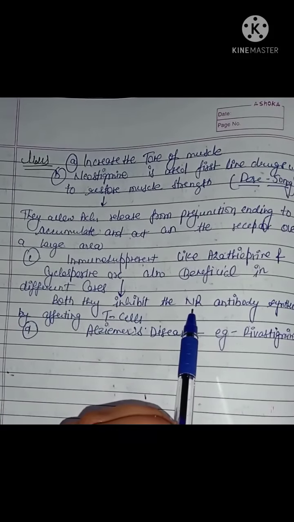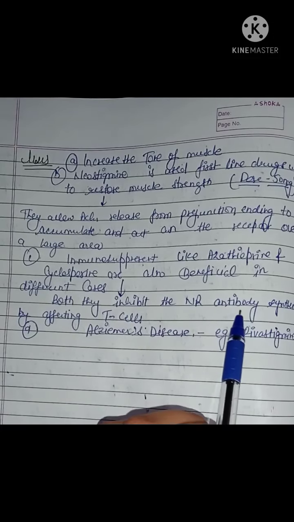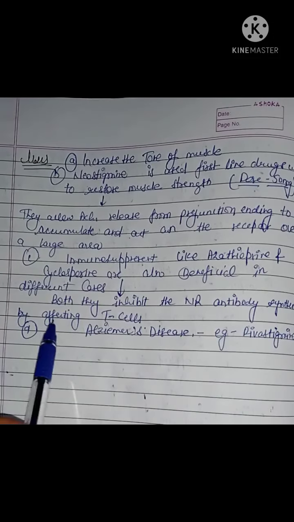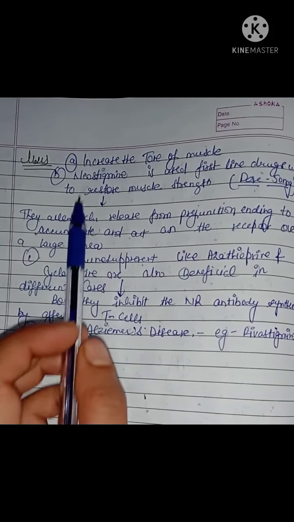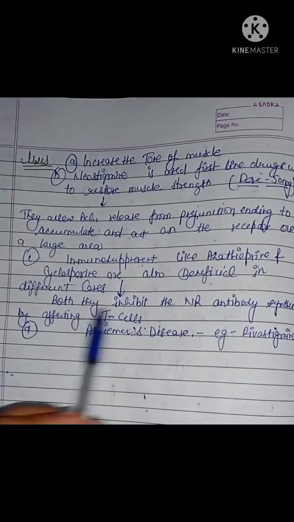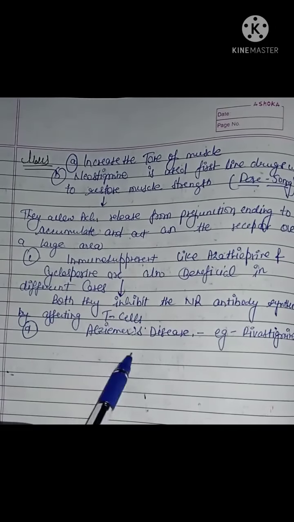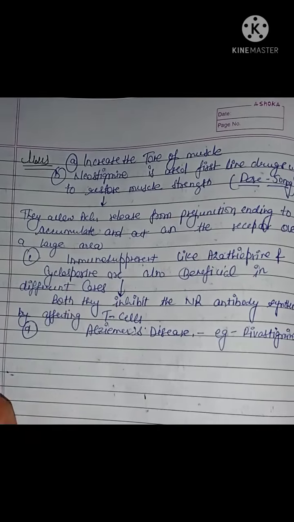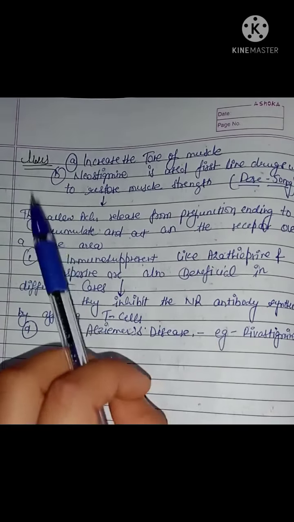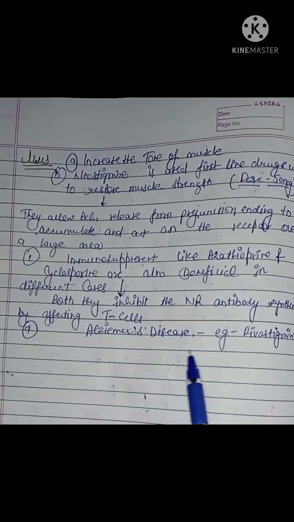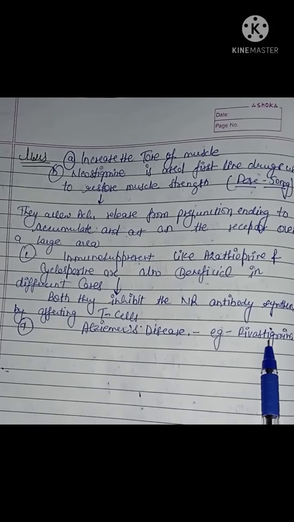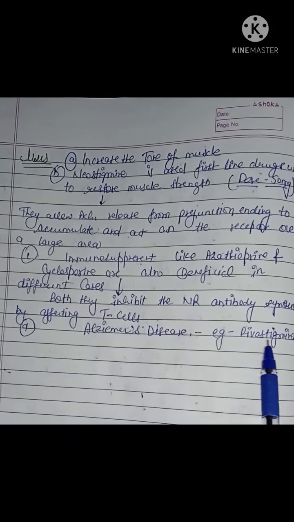They inhibit antibody synthesis by affecting the T cells. It is also used in case of Alzheimer disease, a type of mental disease which involves loss of memory. So these drugs are also preferred in the case of Alzheimer disease, and the most commonly used drug in this case is rivastigmine.